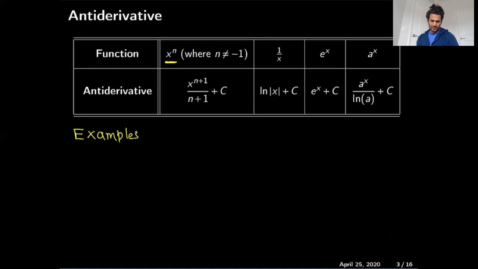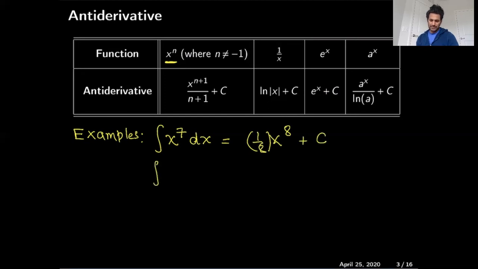Let's take some examples. The antiderivative of x to the power 7 dx will be x to the power 8, and then you flip the power, which is 1 over 8, plus constant c.